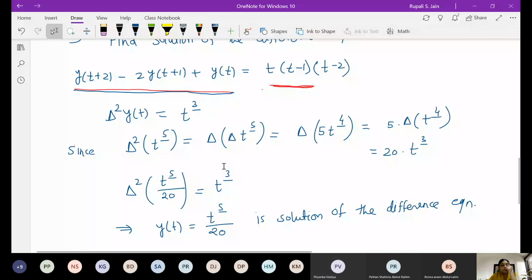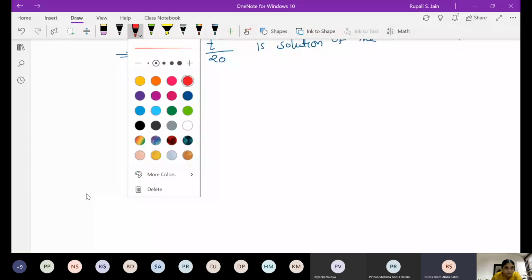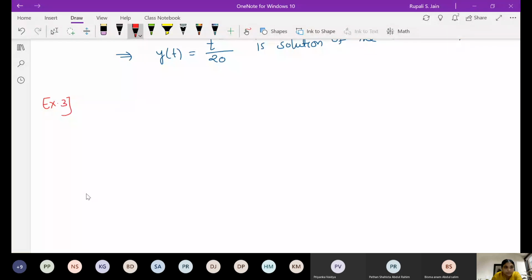Now suppose, take third example. Example 3. Find the solution of the difference equation delta cube y of t is equal to t, t minus 1, t minus 2. Can you try this now?